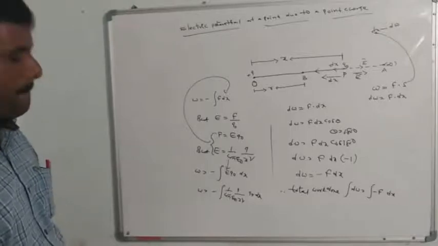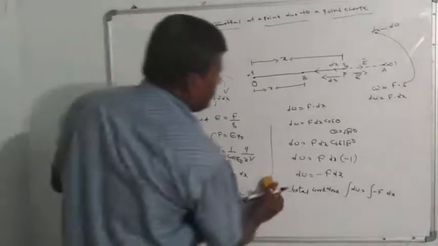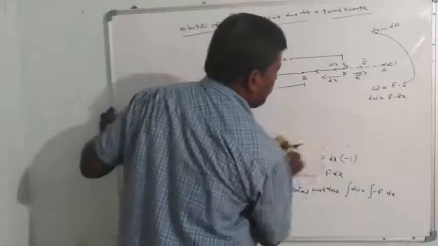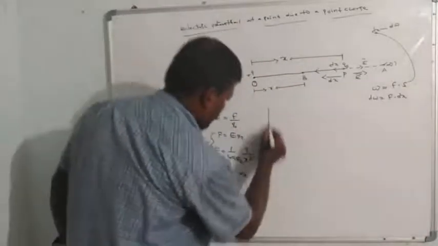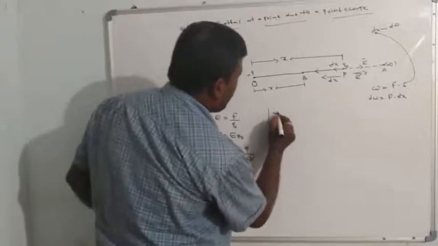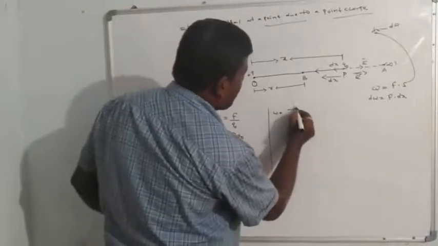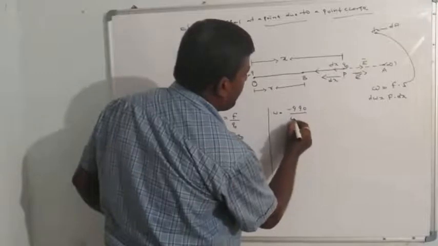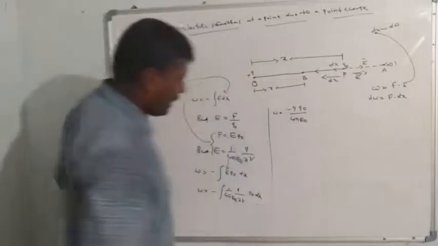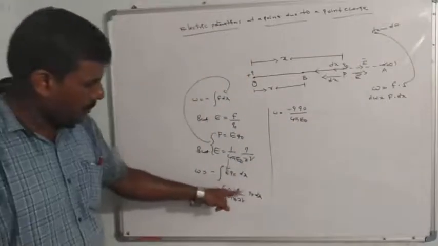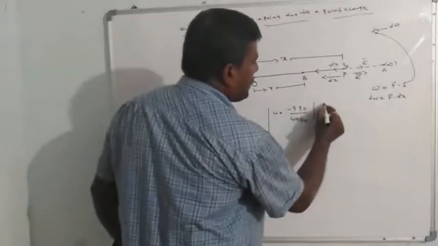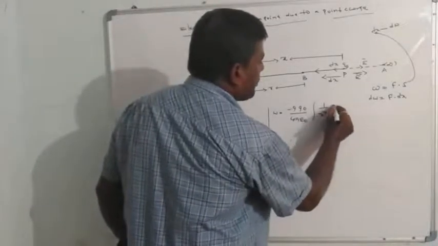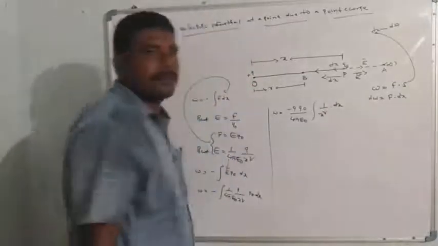So W equals minus q naught by 4 pi epsilon naught times the integration of 1 by x square dx.